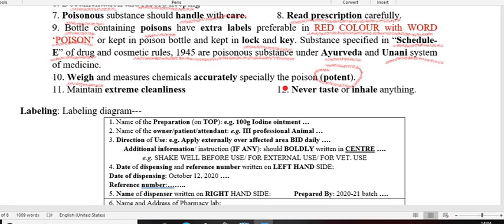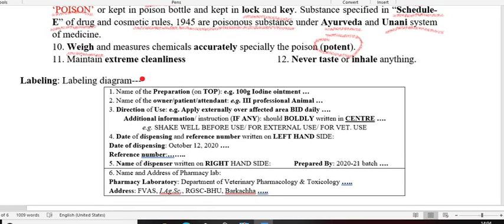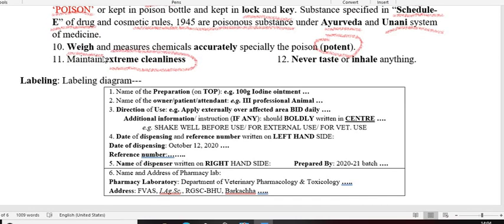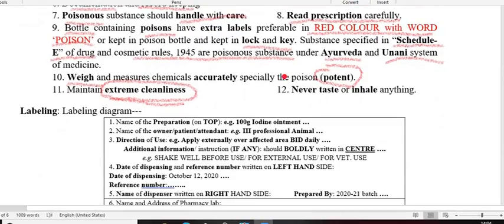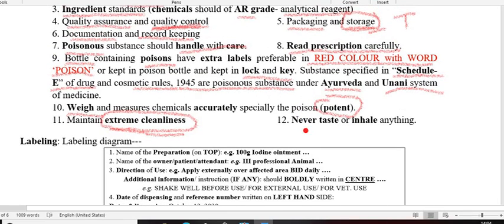So this is very, very important while weighing the substance. So be careful. Also maintain cleanliness, because these are chemicals. And the person who is working in the pharmacy lab while preparing should keep in mind: don't taste it and don't inhale anything.